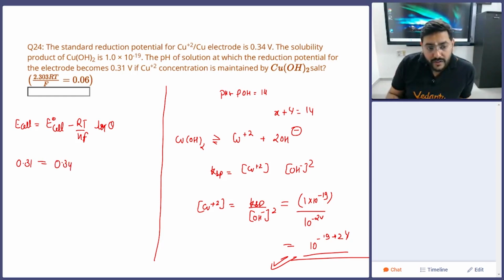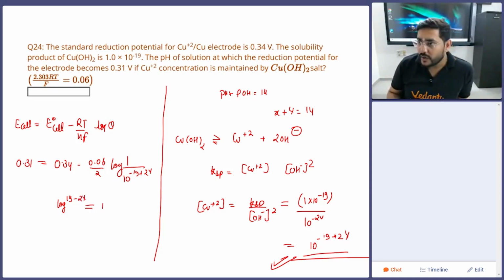Yes, everyone, 0.34 minus. Now, what is the n factor? It's going to be 2. So 0.06 divided by 2. Now put the value here: log of 1 upon 10 raised to power minus 19 plus 2y. Then you are going to solve it. What are you going to get? Log 10 raised to power 19 minus 2y, that is equal to 1. Yes or no? We are going to get 1.